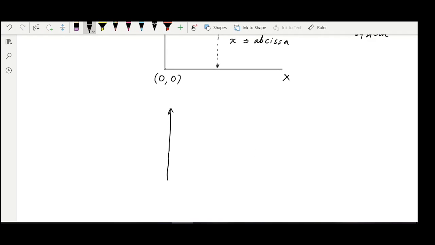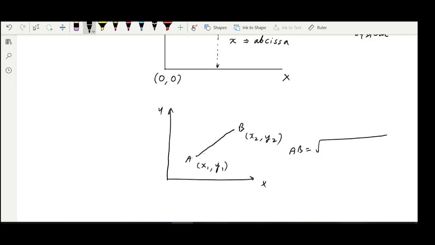If there are two points, let's say A and B, the coordinates of A are (x1, y1) and the coordinates of B are (x2, y2), and we need to find the distance between A and B, that is AB. According to the distance formula, AB is equal to the square root of (y2 minus y1) squared plus (x2 minus x1) squared.